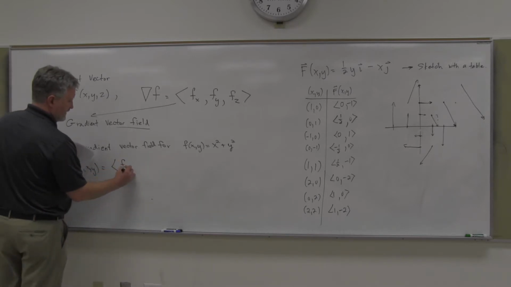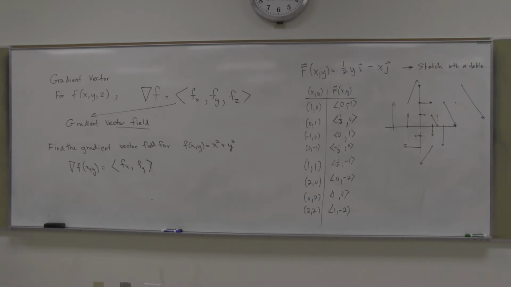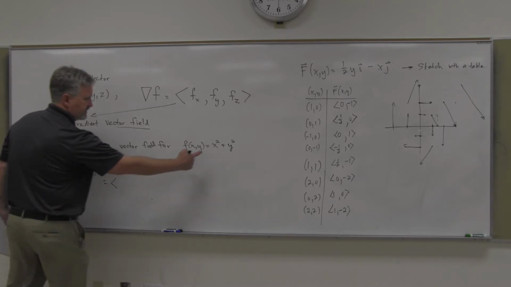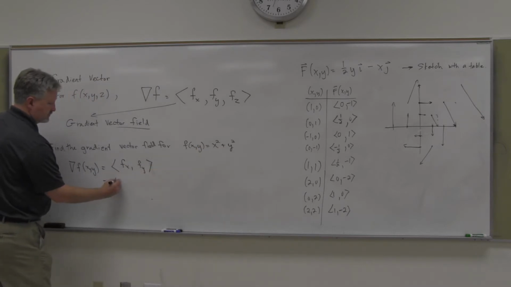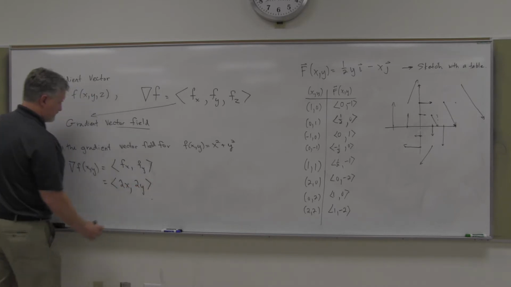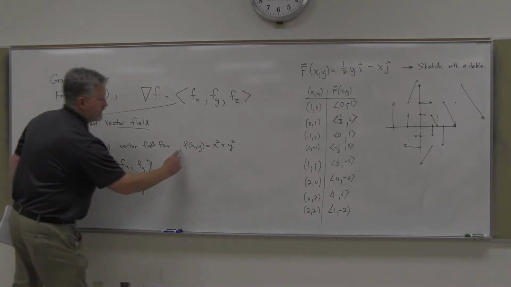So we do the partial with respect to x, partial with respect to y. This one only has two components because I'm only dealing in x and y. So what do we got? What's the partial with respect to x? 2x. Partial with respect to y? 2y. Okay? All right. There you go. Now, a quick little point using this one as our example here. This is our function, and this is our vector field.